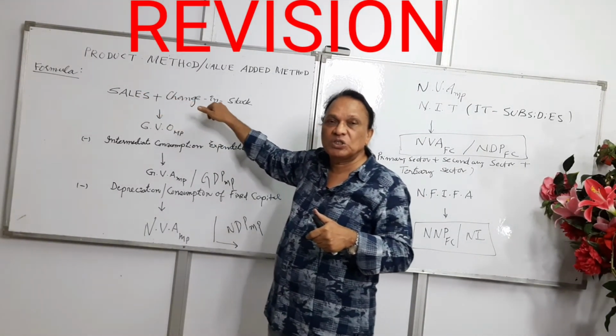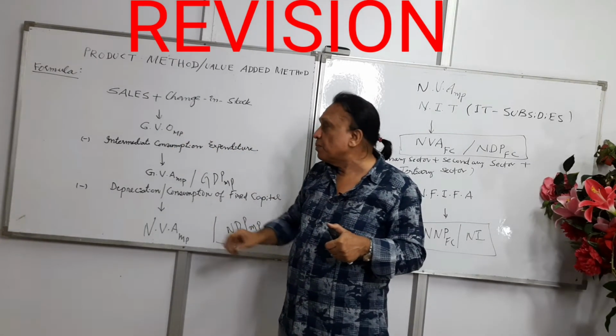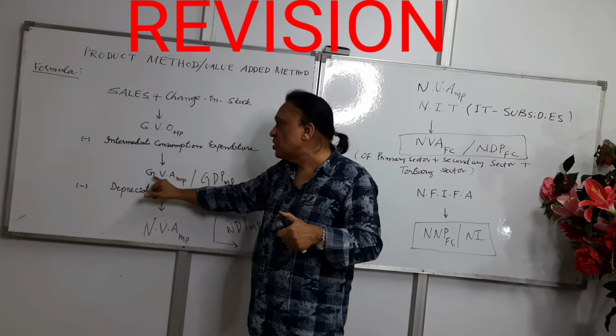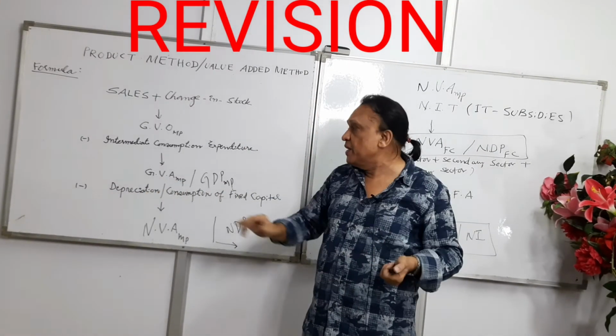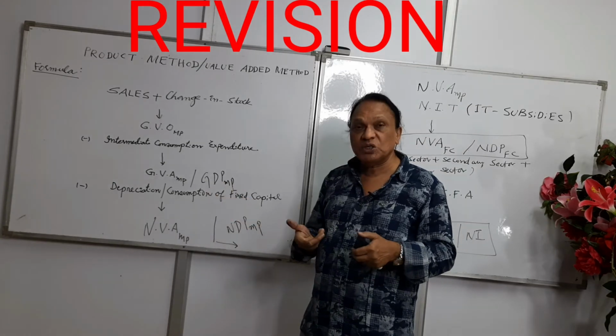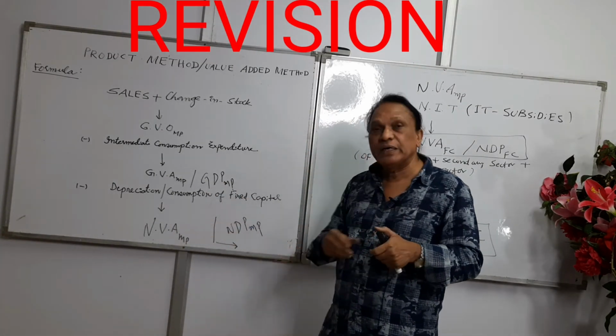Sales plus change in stock will give you gross value of output at market price. Minus intermediate consumption expenditure, gross value added at market price, which from the whole economy's point of view is GDP at MP. Minus depreciation or consumption of fixed capital, we call it NVA at MP or NDP at MP.